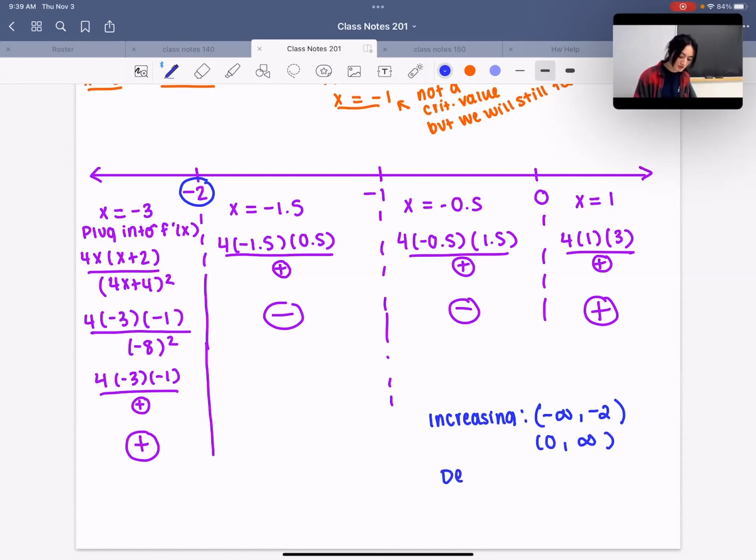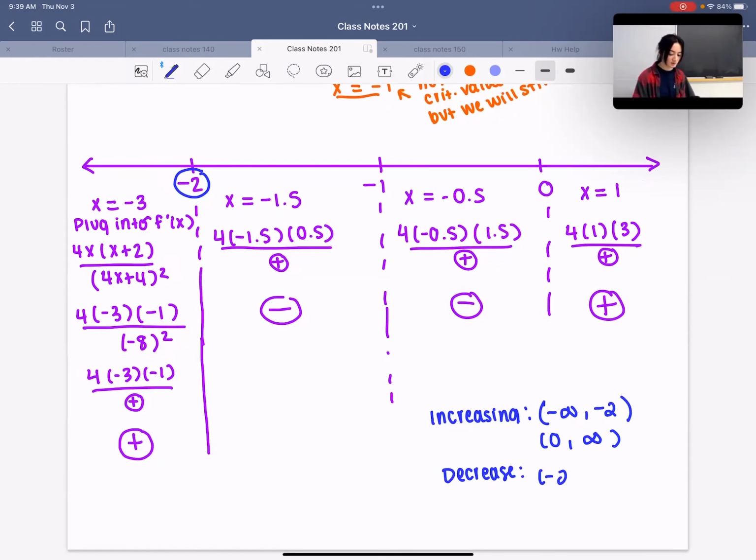Let's talk about the intervals of decrease, okay? Now I have two options, right? I got -2 to -1 and -1 to 0. And I also have -2 to 0. Any ideas on which one of those it should be? Okay, so I have -2 to 0. I guess the big question is are we decreasing at x equals -1?